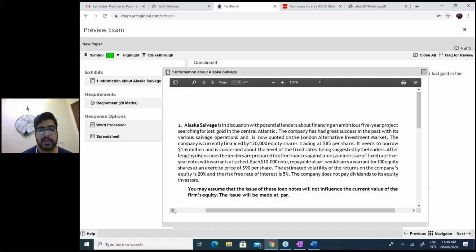The company is currently financed by 120,000 equity shares trading at $85 per share. So currently the company is financed by 120,000 shares trading at $85 per share.